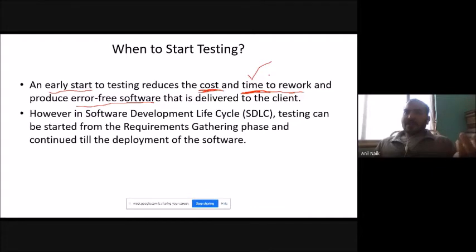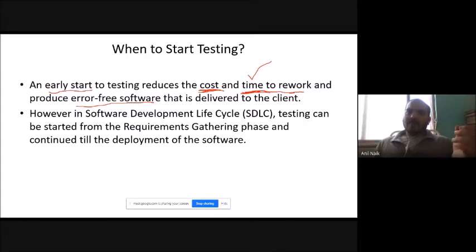If you do the testing at the last moment, suppose you are delivering a software in a week and you have started to test the software, you won't be able to do testing. You won't give 100% dedication for the testing.